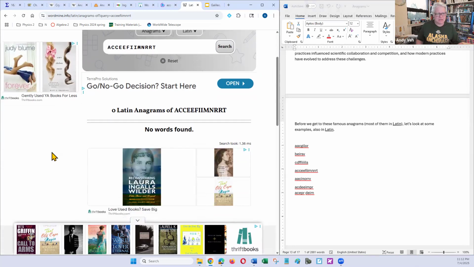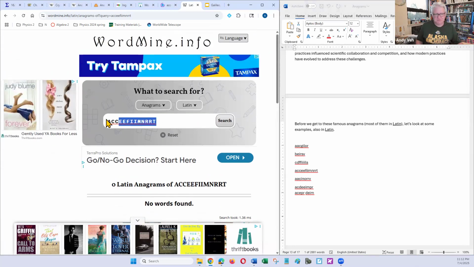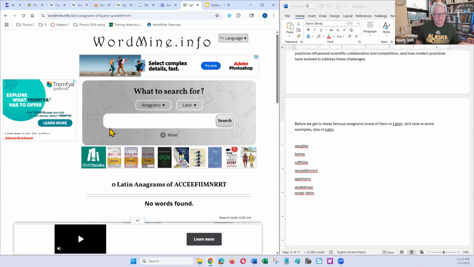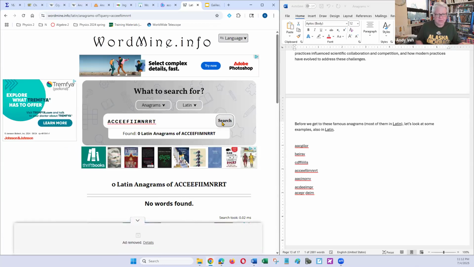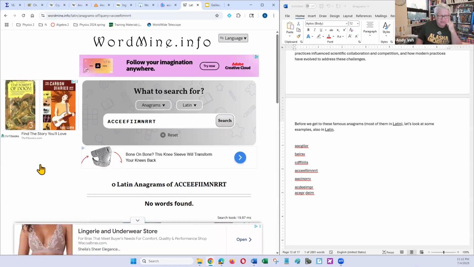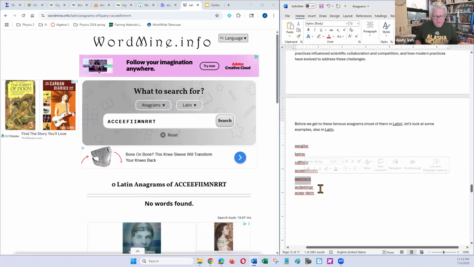Huh. Did I not check that before? Interesting. What I actually was looking for was circumferentia, which means circumference. So in a circle. All right, so that one didn't work.